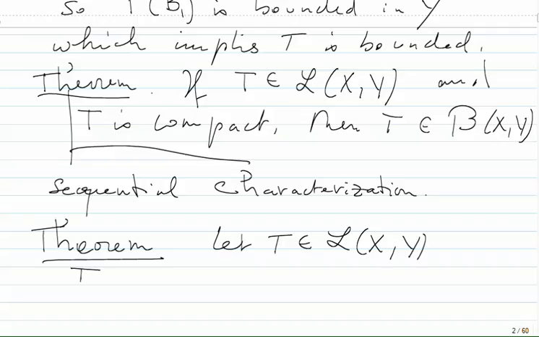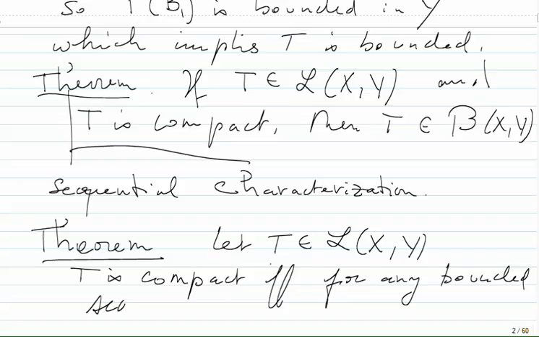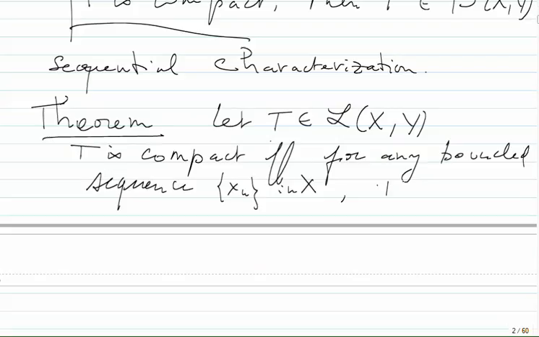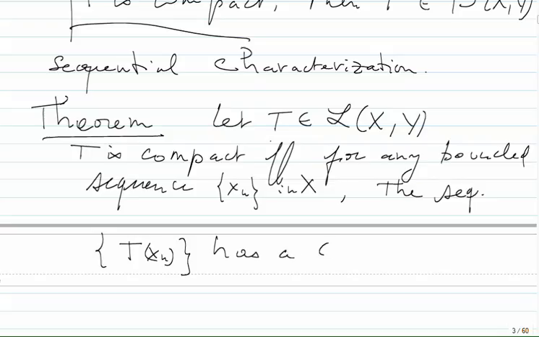T is compact if and only if for any bounded sequence x_n in X, the sequence T(x_n), the image, has a convergent subsequence in Y.